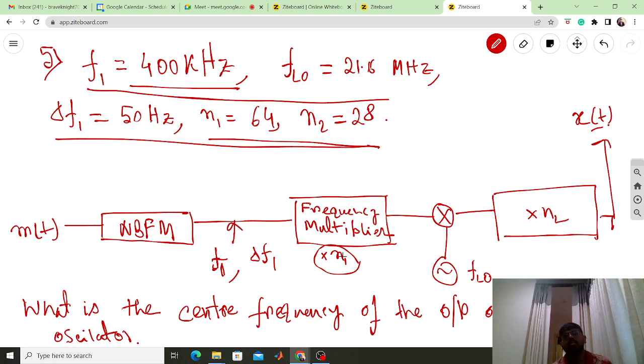I am not solving this question, but I am saying what the answer will be. Basically, this frequency multiplier multiplies the F1 signal N1 times, so the signal here is N1 F1, and then a local oscillator is coming here.